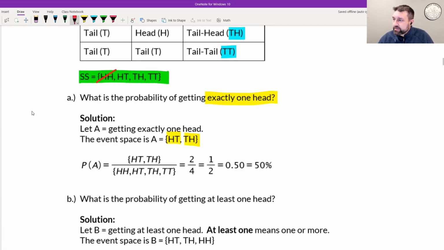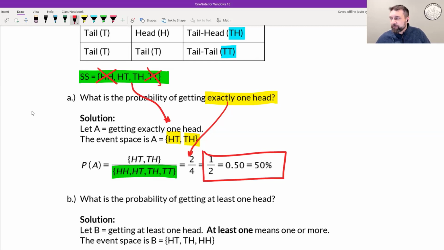This one does not, and this one does not. So there's only these 2. There are 2 items that satisfy our condition of getting exactly 1 head. There are 4 total items in our sample space, and so it's 2 out of 4. 2 out of 4 reduces to 1/2, which is 0.5, which is 50%. Not too bad. Pretty easy, right?